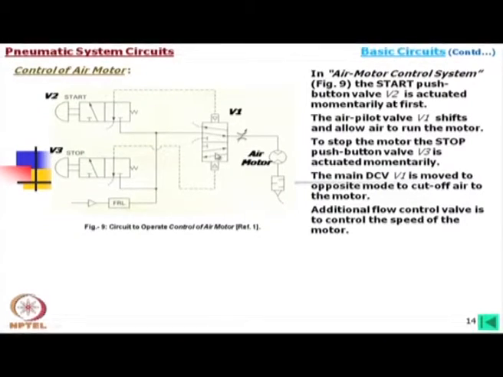In case of using a single valve with a push button, we have to keep it pushed and then it will run. But with this system, simply like an on switch, we do it and then the motor keeps running until we move the stop; it will not be stopped otherwise.